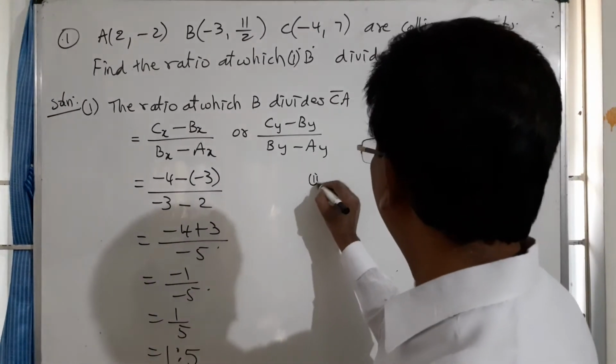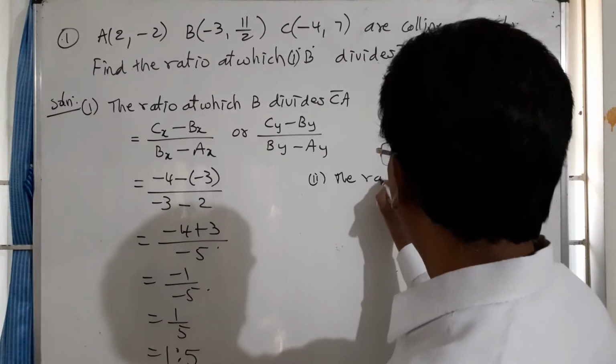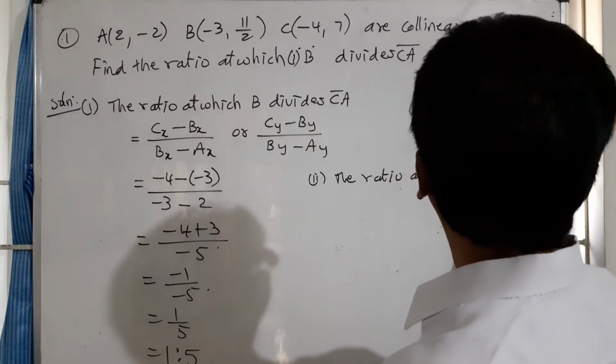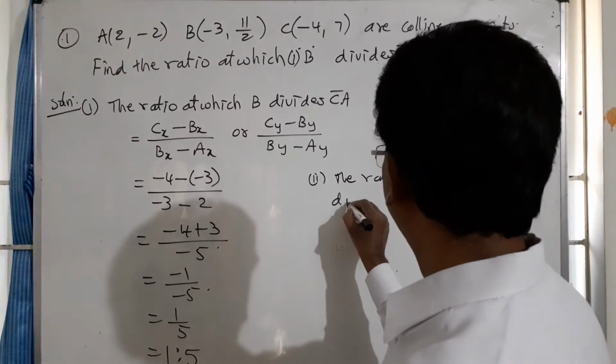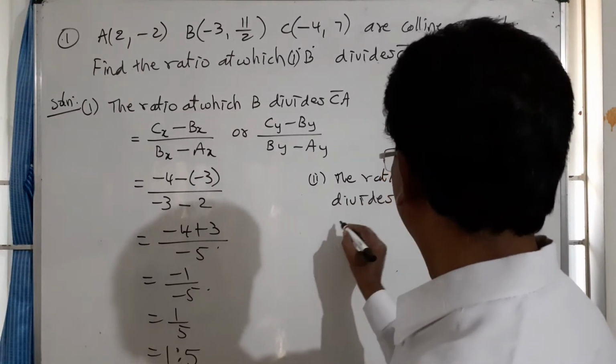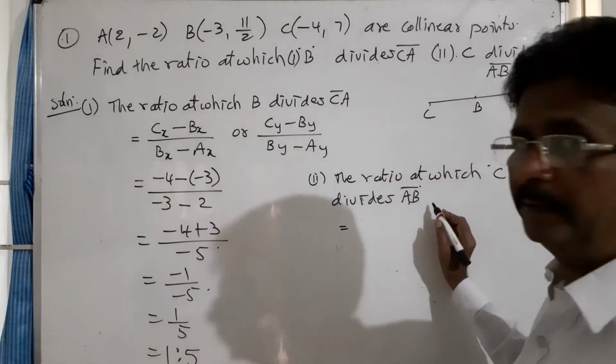The next one: the ratio at which C divides AB. Okay, what is the first point here?